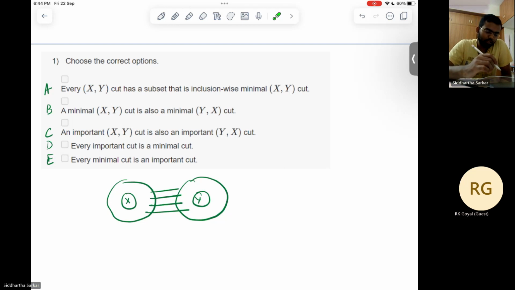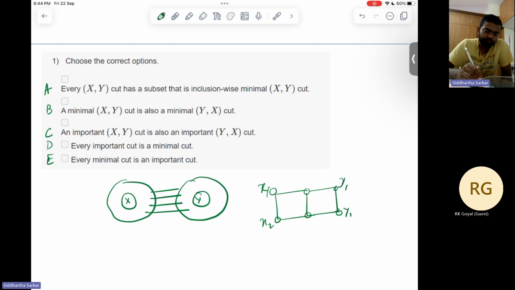Yes. Let me take a small example. Let us say this is that example, x1, x2, and, just making it simple, y1, y2. So this is our x, this is our y.